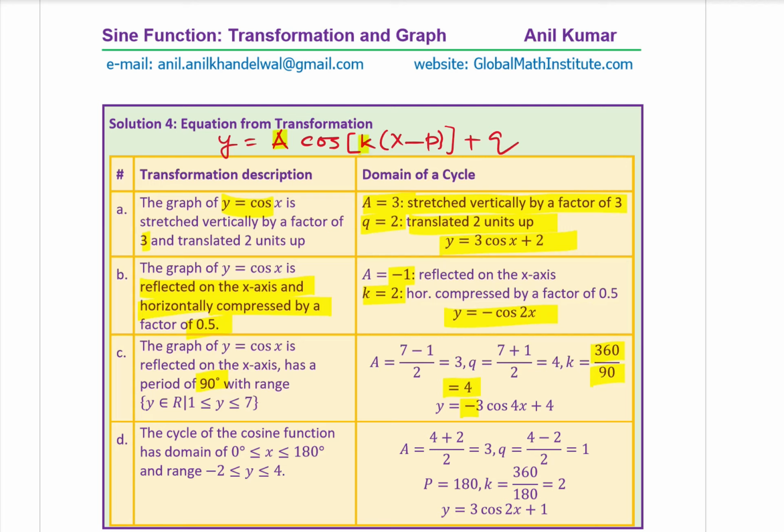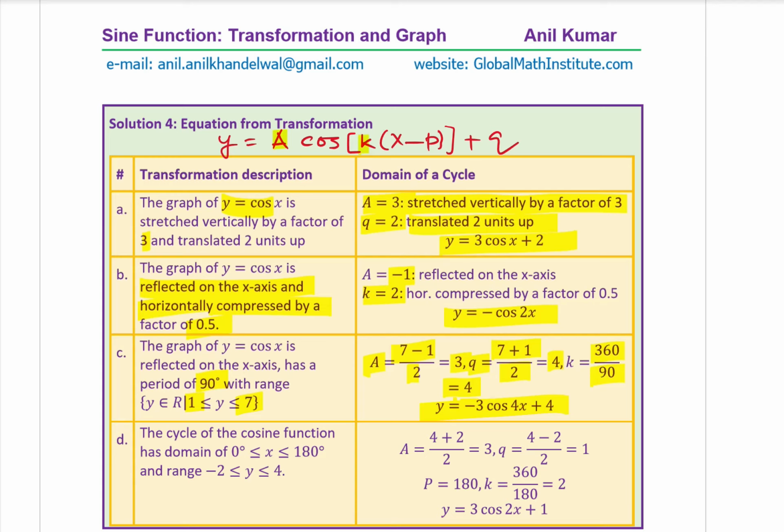Range is from 1 to 7, so we are given the absolute minimum and absolute maximum. Using these values, 7 and 1, we can find the amplitude, and the average value gives us the shift. So you have to do this work to get the values 3 and 4 respectively, and that gives you the function y equals minus 3 cos 4x plus 4. Clear?